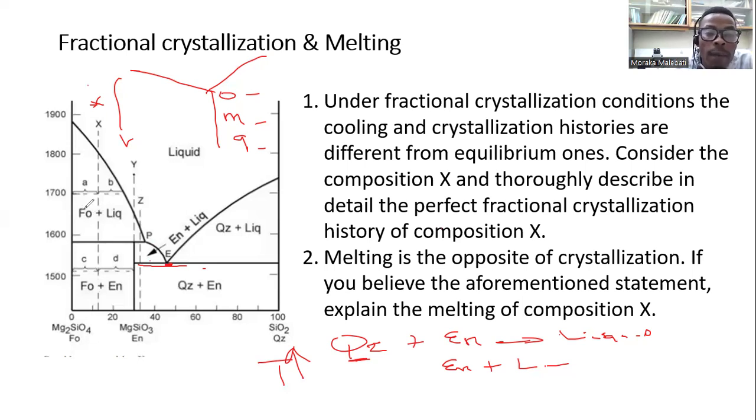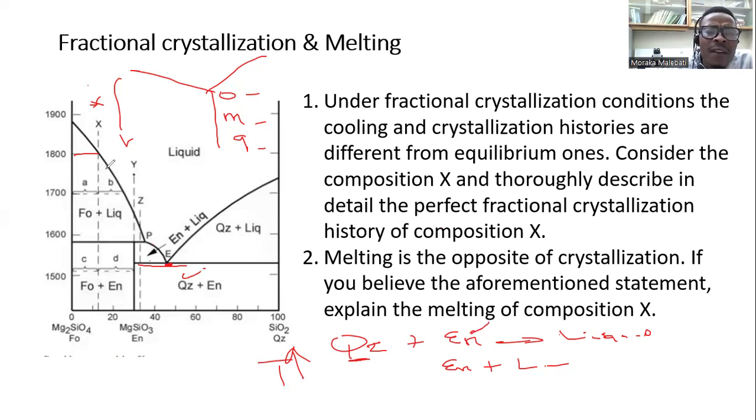Remember, the solid composition will be changing along the solidus line until we remain only with the liquid over here. What we are trying to say is we're going to melt quartz first, then go up here and melt enstatite, and then keep melting the forsterite.